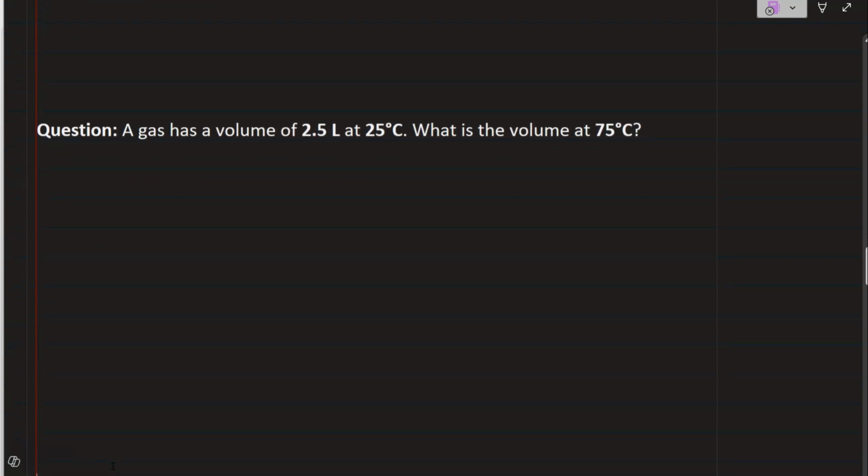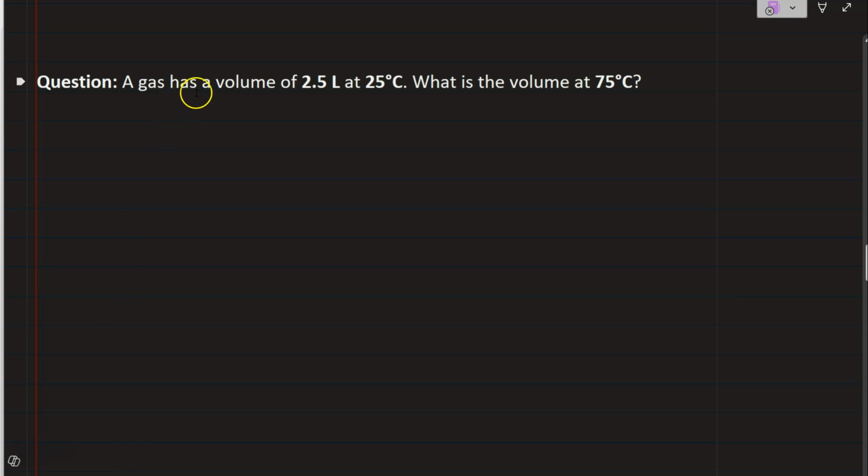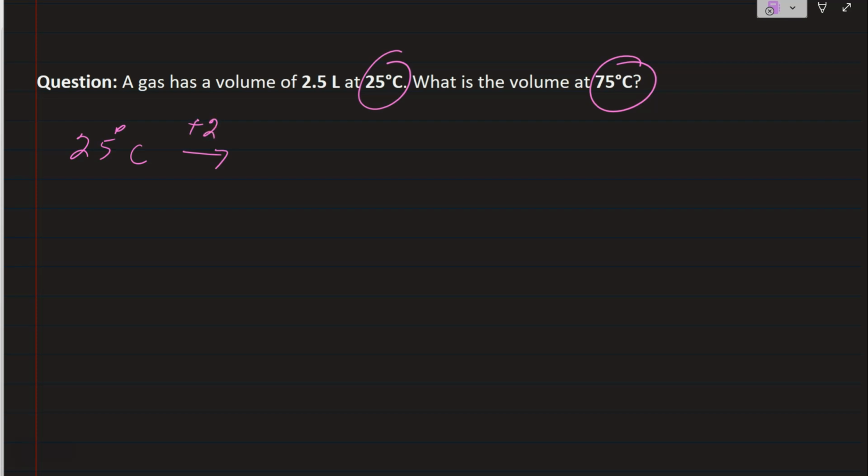Look at the question. A gas has a volume of 2.5 liters at 25 degrees Celsius. What is the volume at 75 degrees Celsius? Notice that we have 25 degrees and 75 degrees. The very first thing we need to do is change them. 25 degrees Celsius in Kelvin: you add 273 to that, and you get 298 Kelvin.